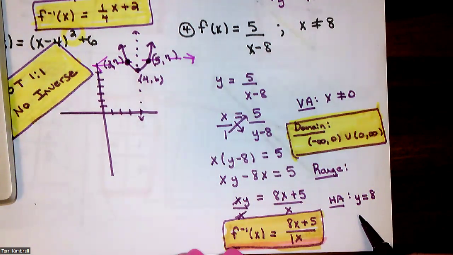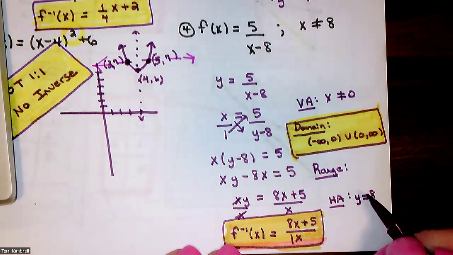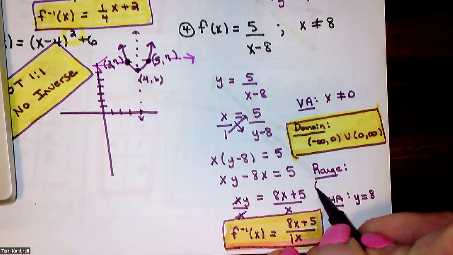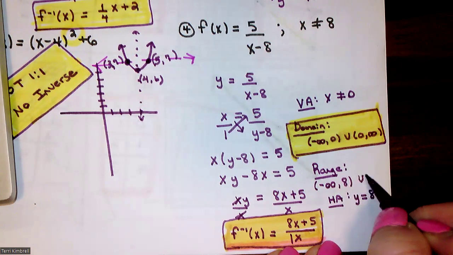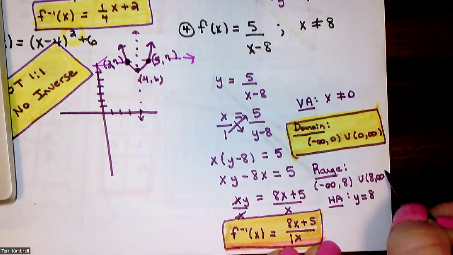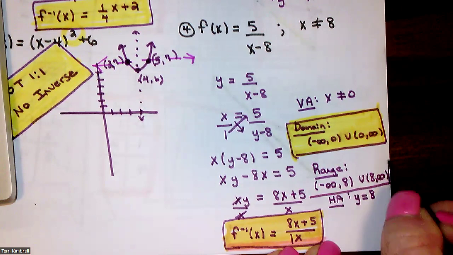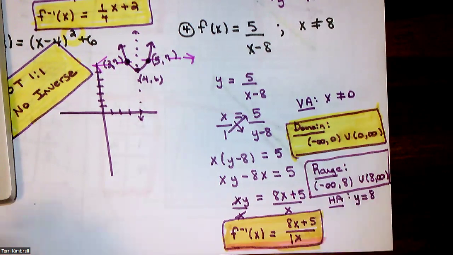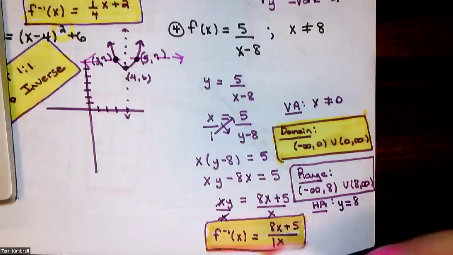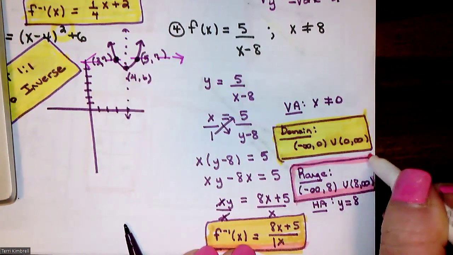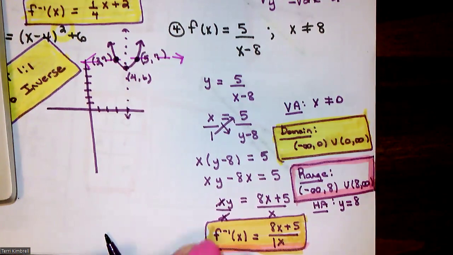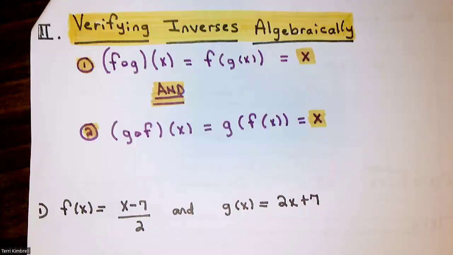So after you divide and you get y equals 8, that's going to be affecting your range. So it would be from negative infinity to 8, union 8 to infinity. So when you deal with your rational functions, remember that you have those asymptotes that you have to go back and think about, okay?